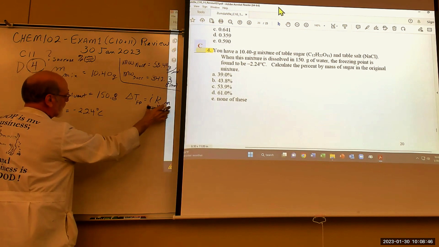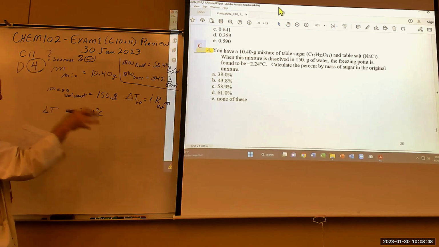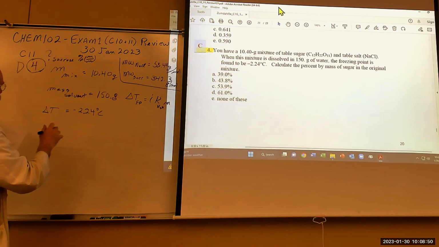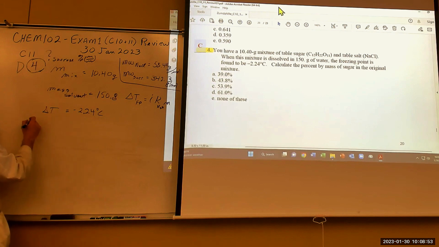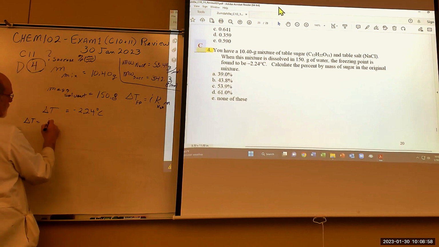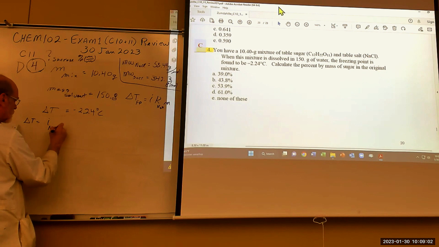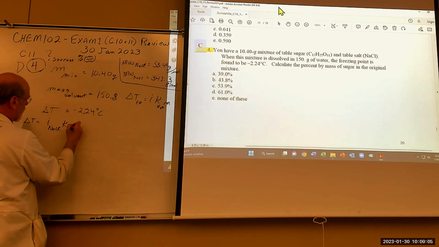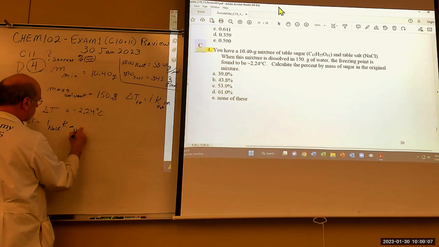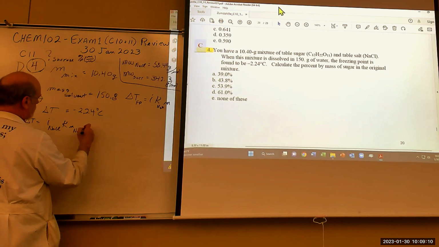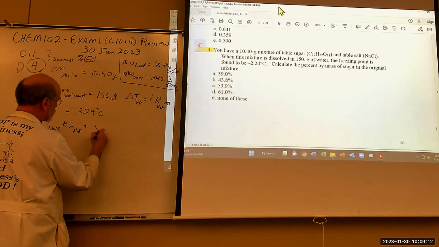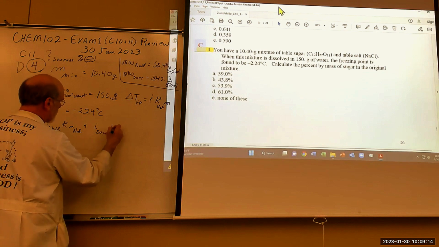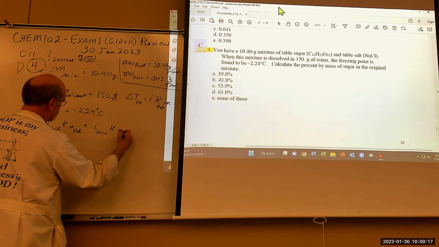But we've got two things here, and the change in temperature is going to be additive based upon both of them. So this change in temperature is actually going to be the result of i for sodium chloride times K times molality of the sodium chloride, plus i for the sucrose times K times molality of sucrose.